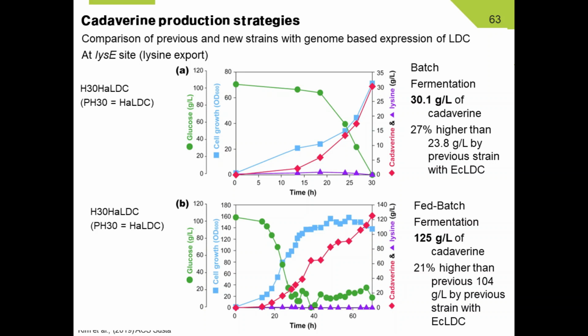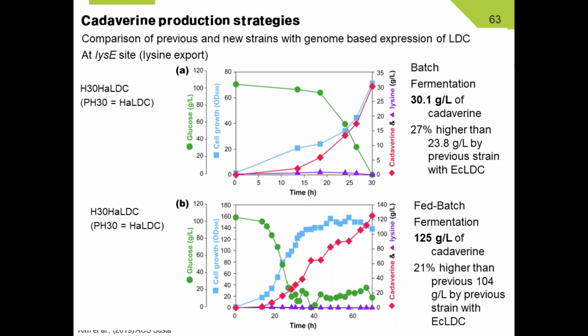Now we inserted the Hafnia alveoli LDC into the lysE lysine export site in Corynebacterium, and the highest titer that we got was after fed batch fermentation, which produced 125 gram per liter of cadaverine, 21% higher than the previous 104 gram per liter, with the same kind of strain but a different enzyme, E. coli LDC.